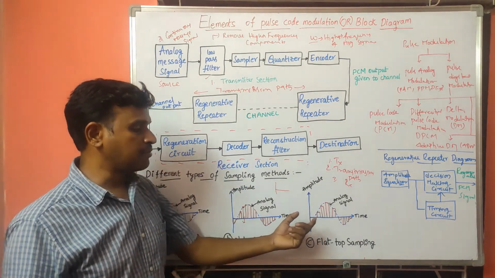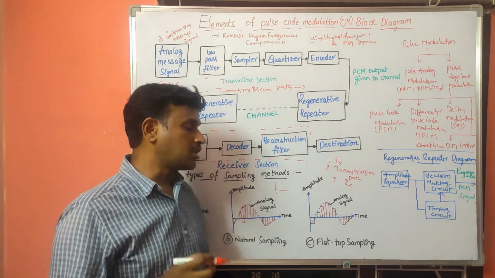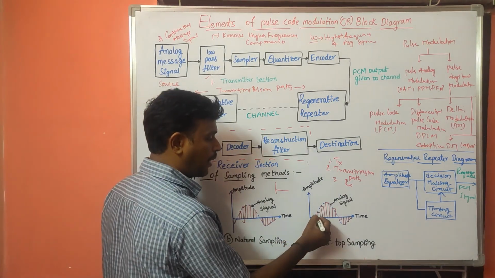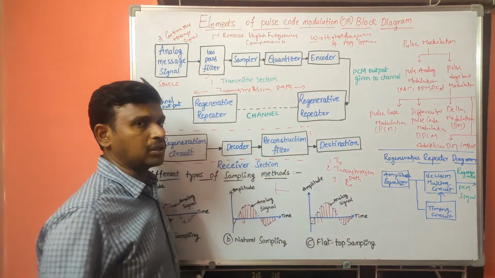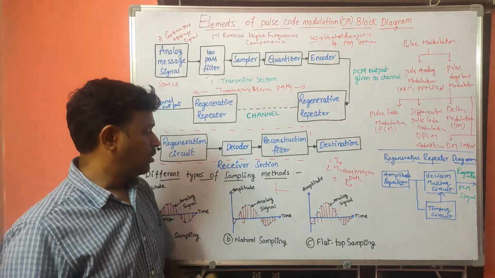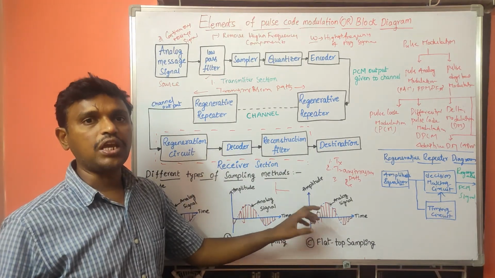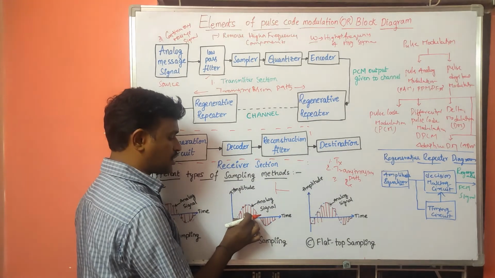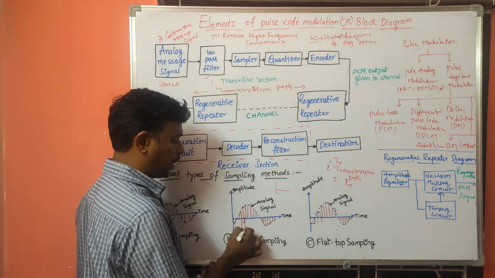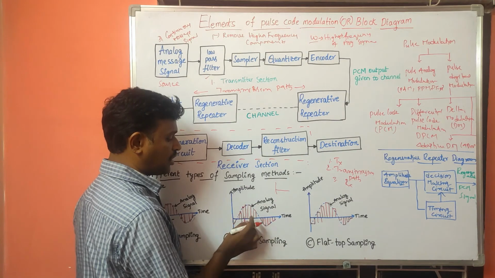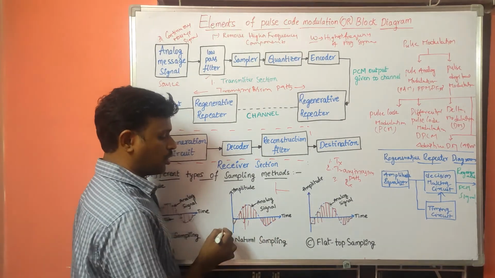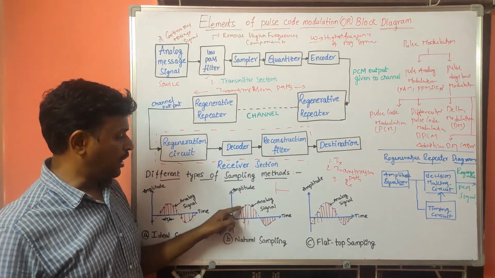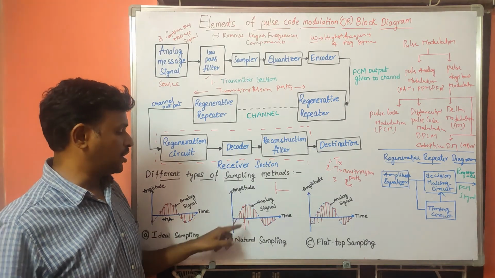In flat top sampling, we make all the samples between a time interval consist of equal amplitude. Between this point and this point there is an increase in the amplitude. Here we have a small amplitude, and it is increasing.